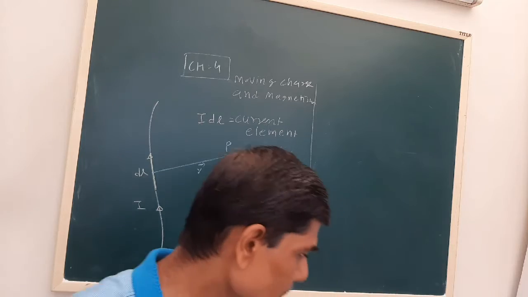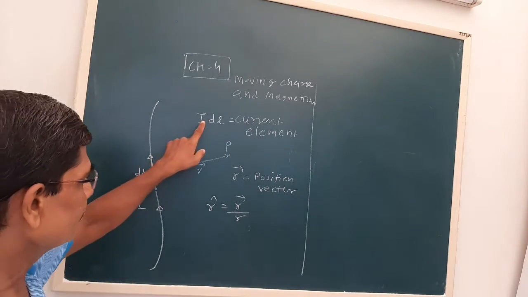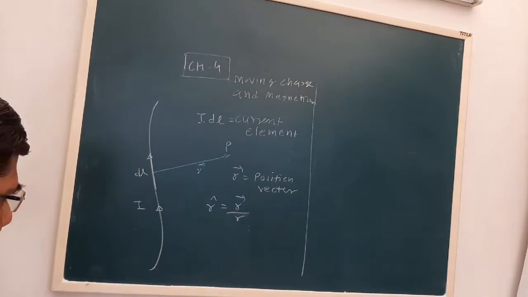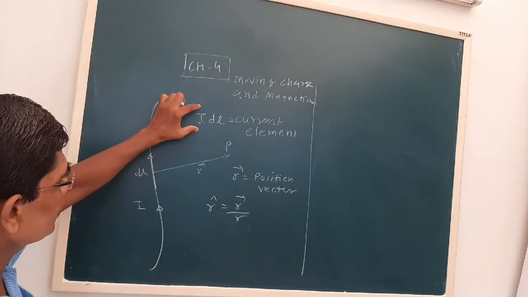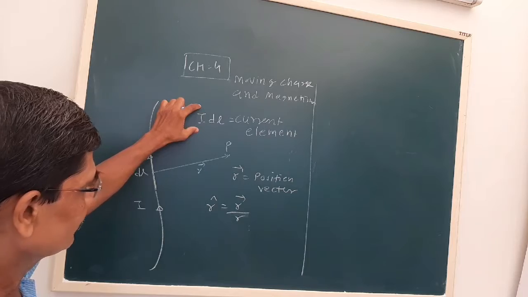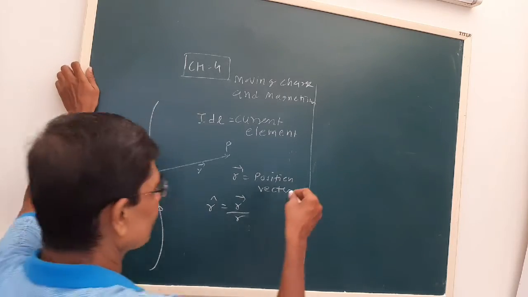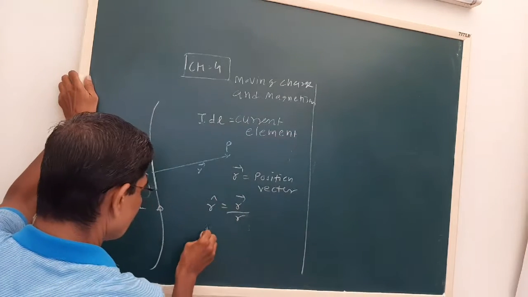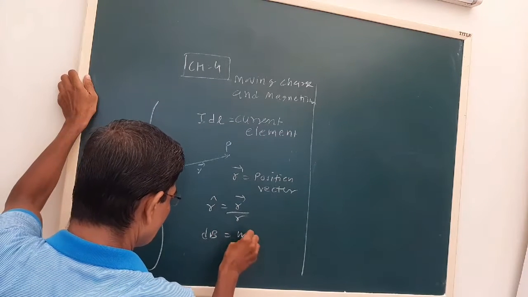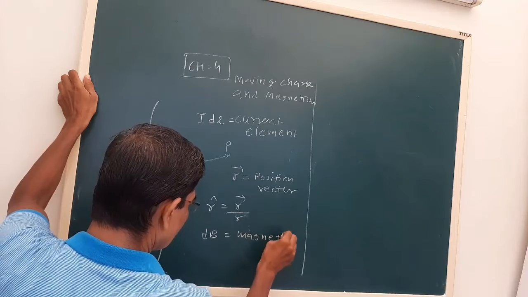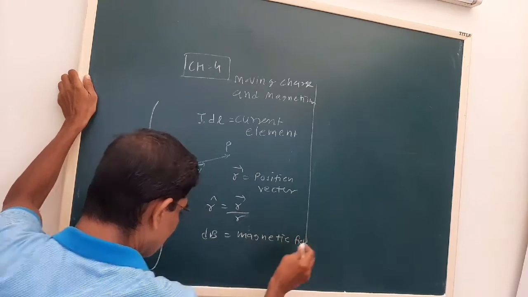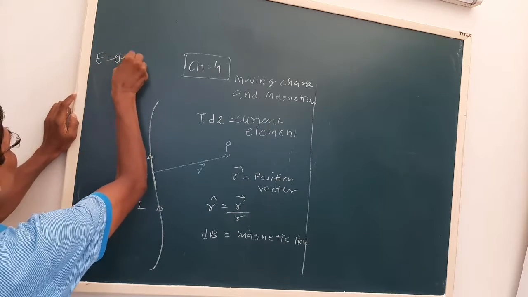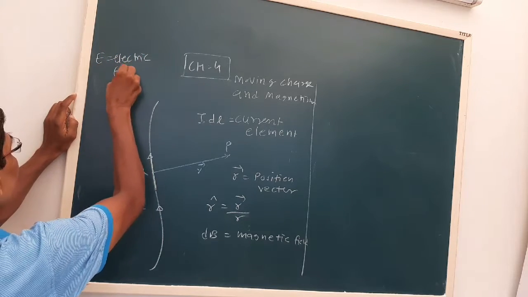So IDL is the current element, r is a position vector, r caret is a unit vector. Due to this current element IDL, the magnetic field is, let us say, dB. In first and second lesson we talked about E as the electric field.